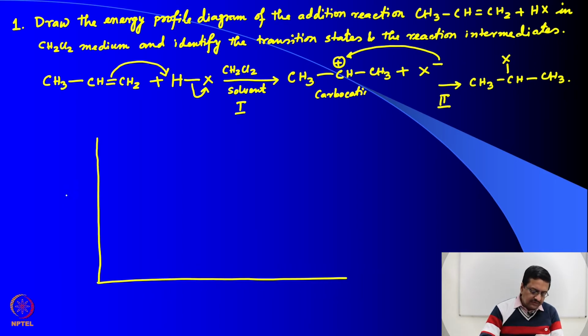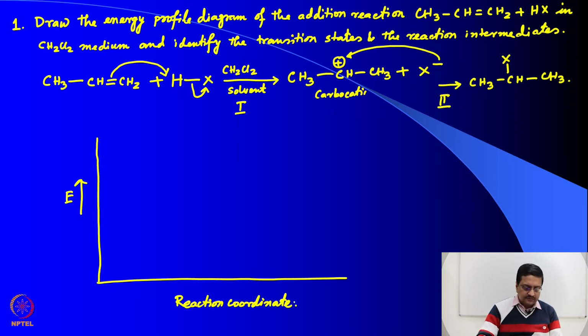In this energy profile diagram, the energy of the compounds or the intermediates or the transition states are plotted in y-axis and the progress of the reaction is plotted in x-axis.